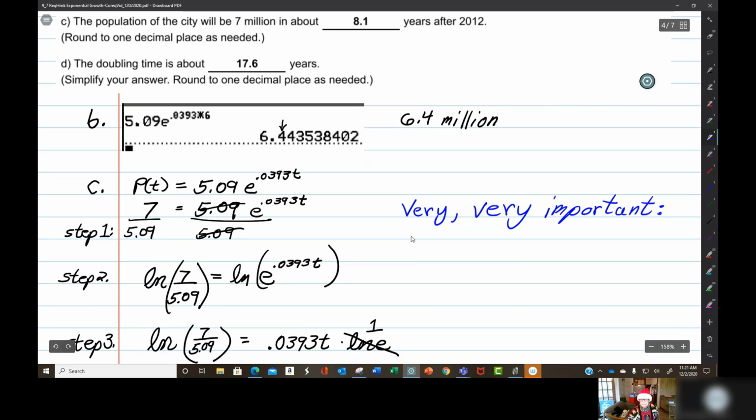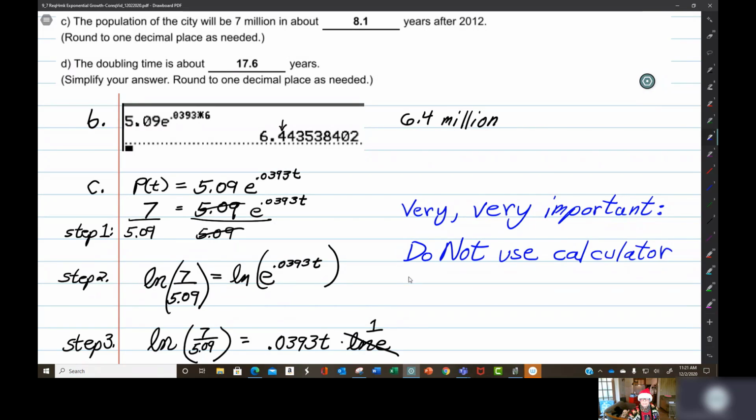Do not use a calculator, or your calculator, or anybody's calculator until the last step. Otherwise, you'll get round-off error.